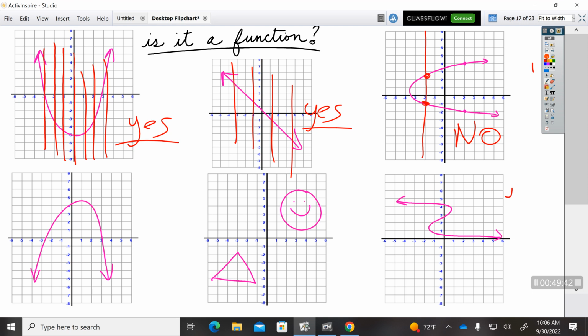Now, whether the U is opening up or opening down, it's still a function because it's never going to touch twice. So this is also a yes. Over here, any closed figure like a triangle or a circle for sure has to be a no because it's going to touch twice or more.